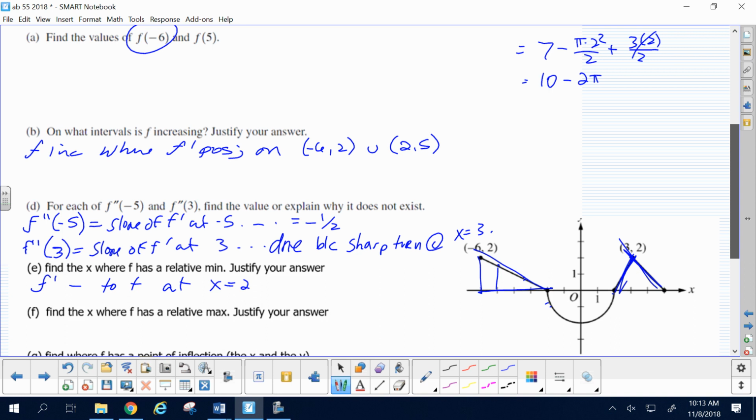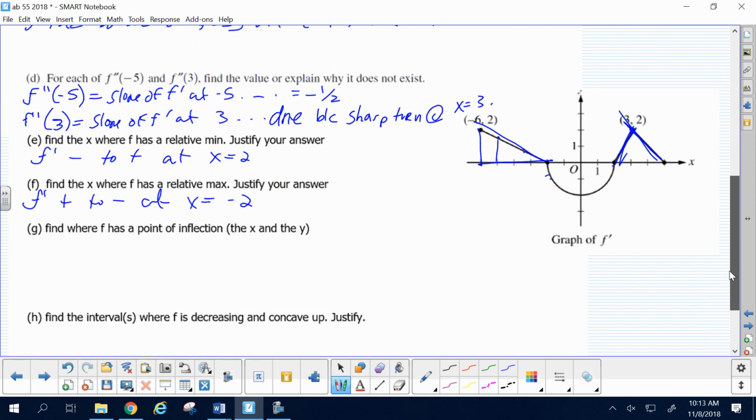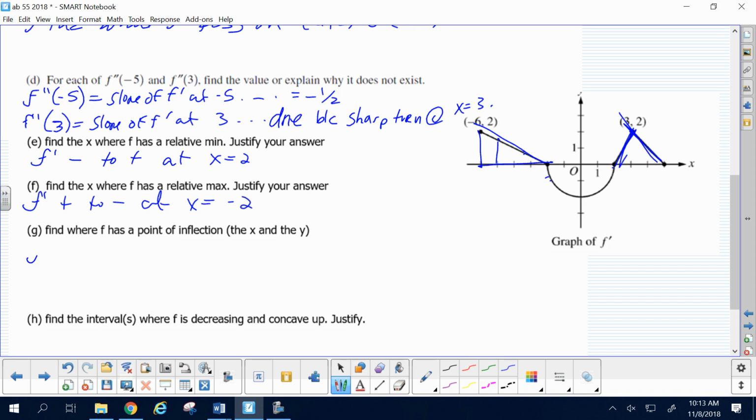Okay? Find the x where f has a relative max. We just said that. F prime is positive to negative at negative 2. Point of inflection. F has an inflection point where f double prime, which equals the f prime slope, changes sign.